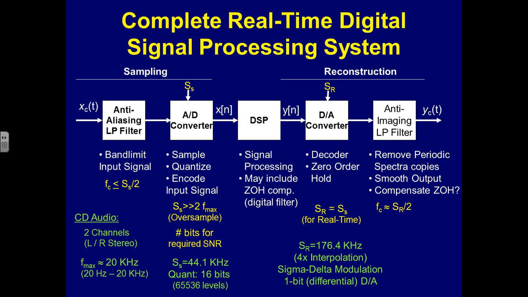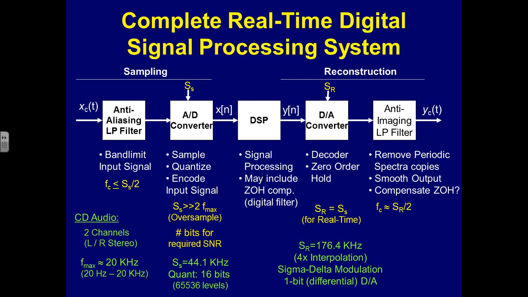It has an actual converter that does two things: a sampling operation that we've modeled with an impulse sampling model that gives us one sample every T sub s, and that sample is then quantized to a binary level and encoded as a binary signal. That then goes to our signal processing system that does its magic.